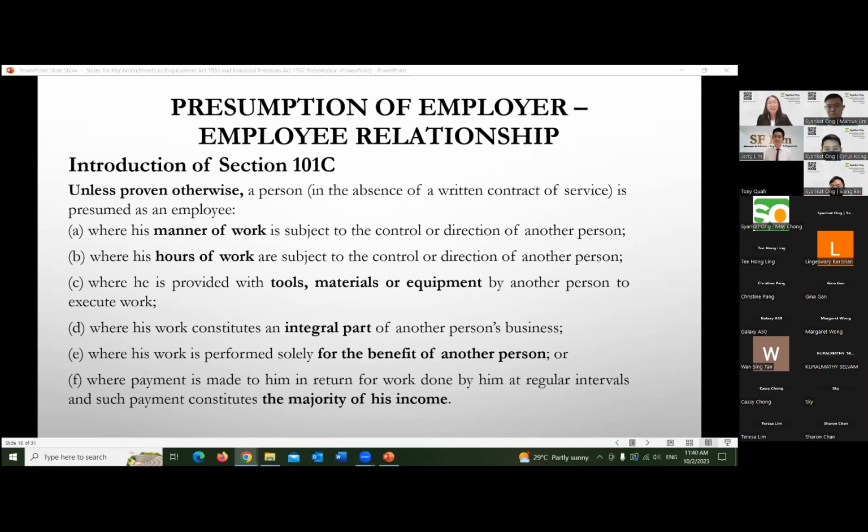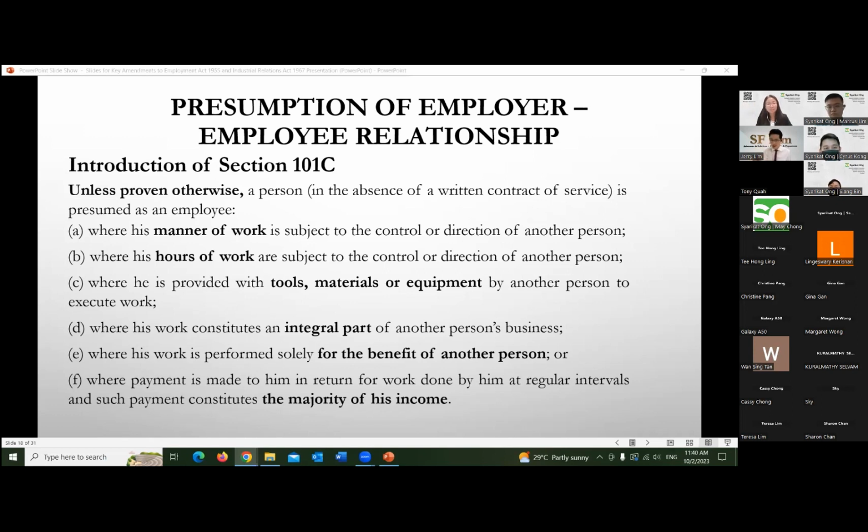Am I right, Jerry? Yes. The court will always look at the big picture of the situation. They will not only look at the wording of the contract for service. Even if you put it in big wording, big font size, "contract for service", the court will not look at the title only.